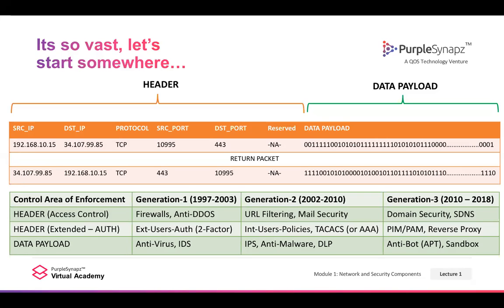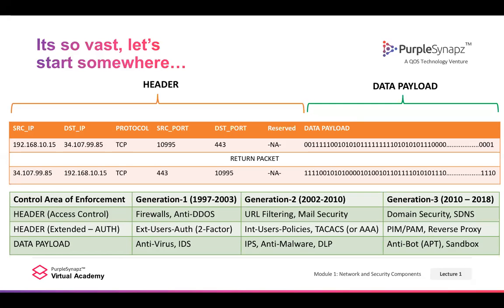In the columns 1, 2, and 3, we are going to show you different generation security controls that were introduced in that era, or that enterprises started to believe in and pick up. They might have been introduced somewhere here or there, but you will see the proliferation of these security controls in these years.